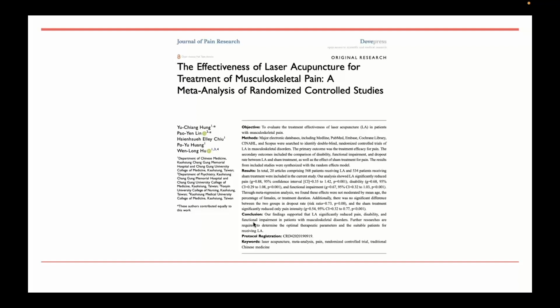And although the placebo effect was able to induce some analgesia, only laser therapy was effective in improving disability scores and functionality. The question is not anymore whether laser therapy is effective or not. The real question is, what are the optimal parameters to achieve that?